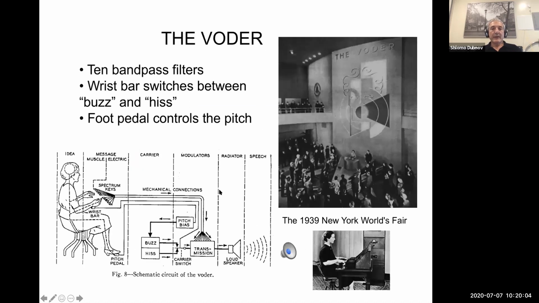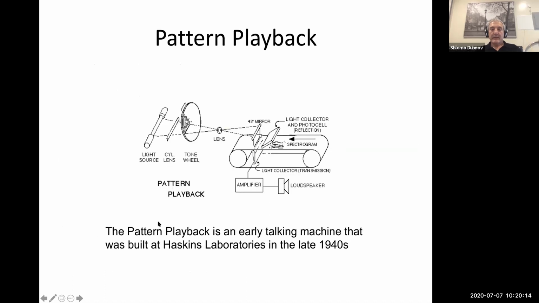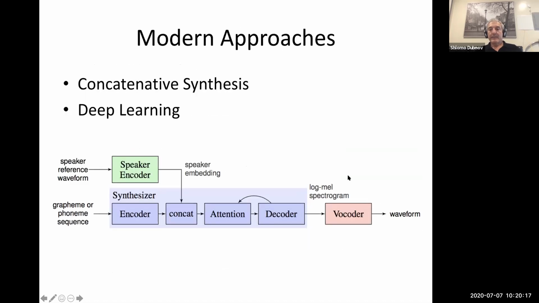This is also a voder or vocoder because it takes a spectral representation typed as spectrum keys, and this buzz, hiss, and the pitch, and generates a sound. So the idea of a vocoder is this end piece in the whole process of going from symbolic to waveform, passing through some step where you land in a frequency domain or time-frequency domain, which is then generated.